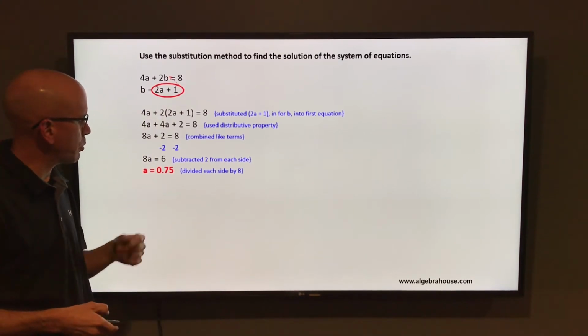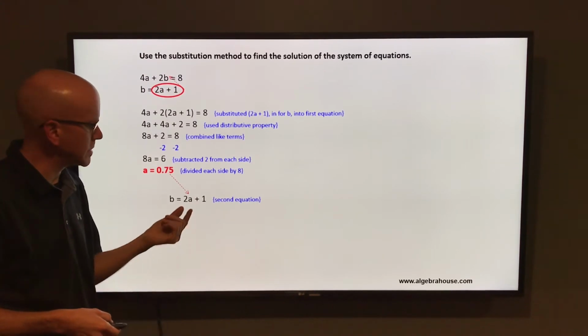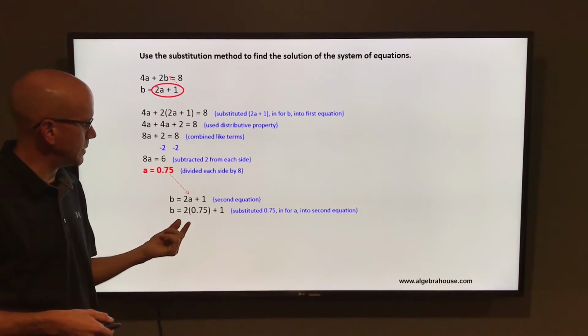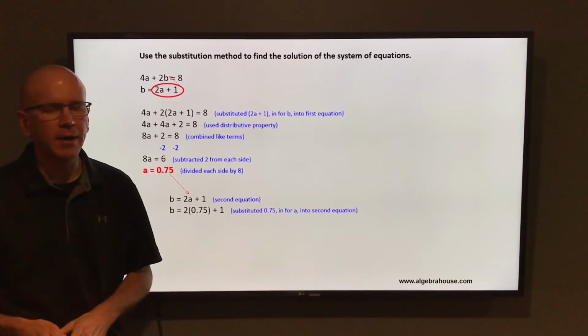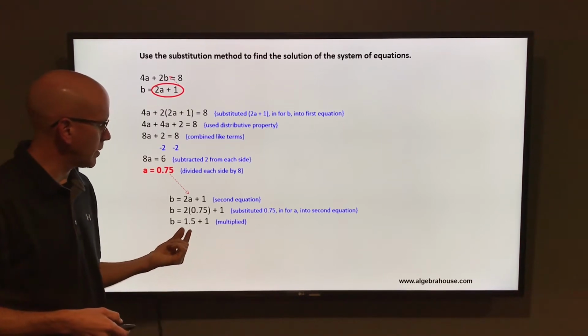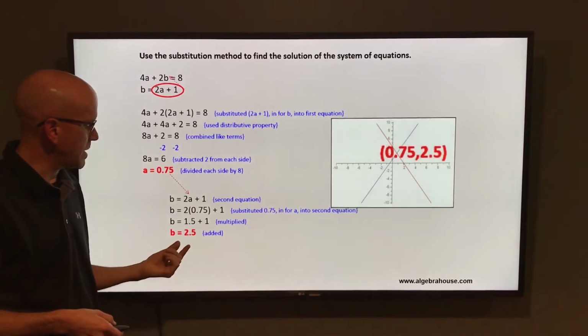You know that a is 0.75, so replace the a, not the 2a, just replace the a with 0.75. So now b is 2 times 0.75 plus 1. 2 times 0.75, that is 1.5, so b equals 1.5 plus 1, and therefore b equals 2.5.